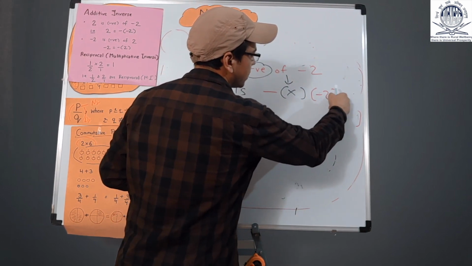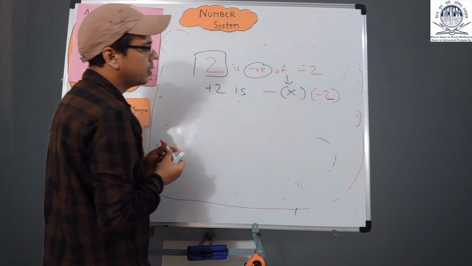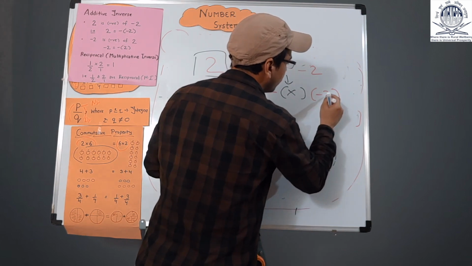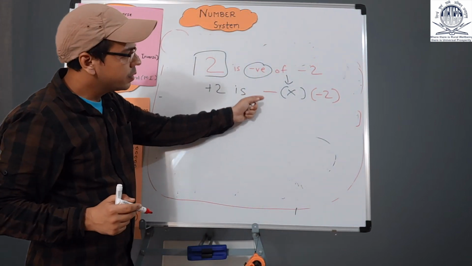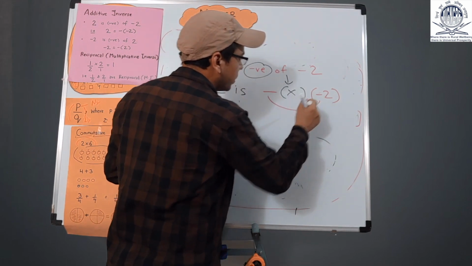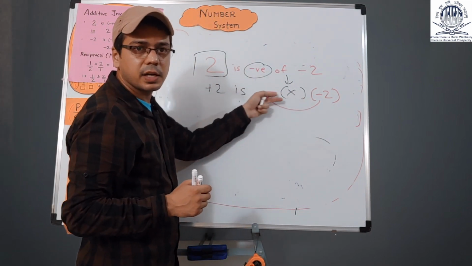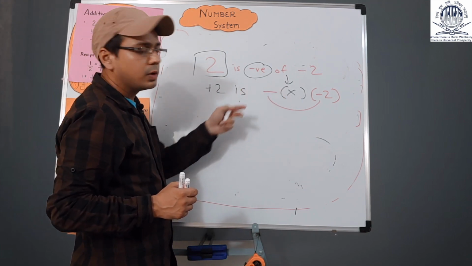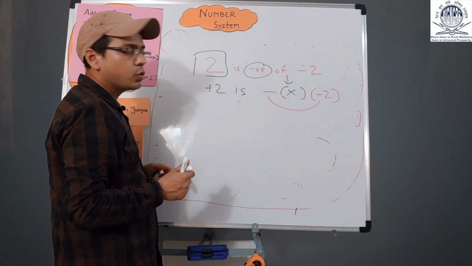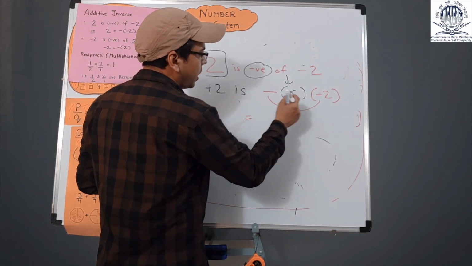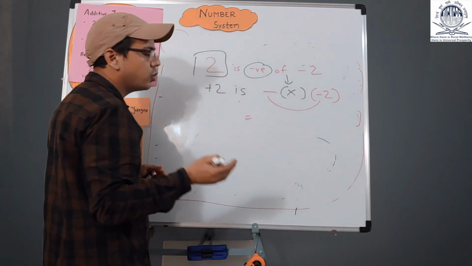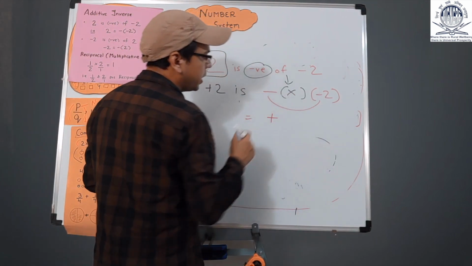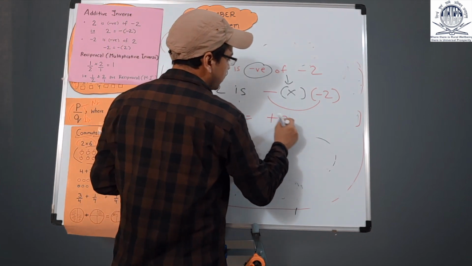Now if we have discussed integers in an earlier video, we know that when a negative gets multiplied with a negative, both being the same signs, their product will be plus. So as per my knowledge of integers, negative into negative will make it plus, and this will be plus 2.